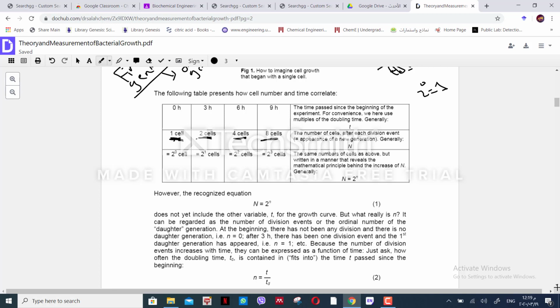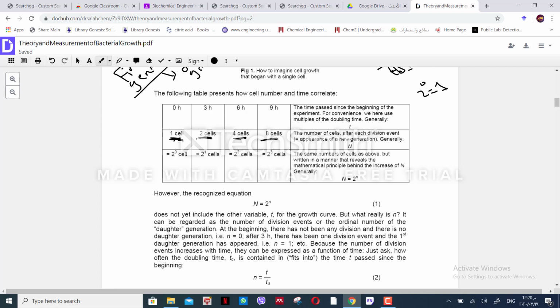Because the number of division events increases with time, it can be expressed as a function of time. Just ask how often the doubling time td is contained in, and fits into, the time t passed since the beginning. So n will be no more than time over doubling time td.